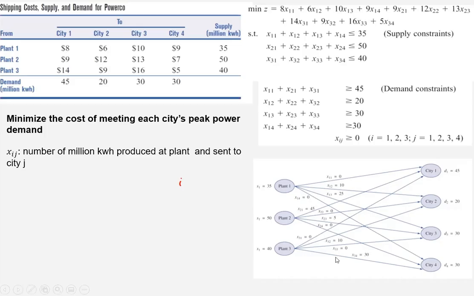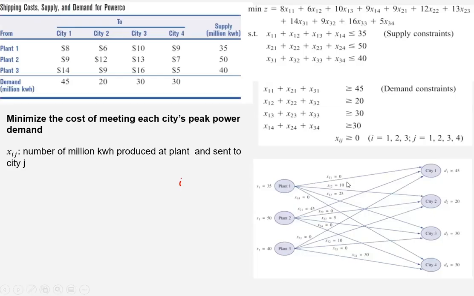Dj shows the demand of each city, Si shows the supply amount of each power plant, and these edges or arcs that connect plants to cities show the decision variables.